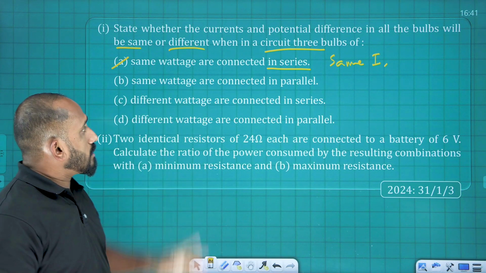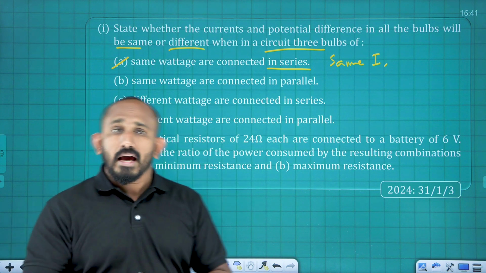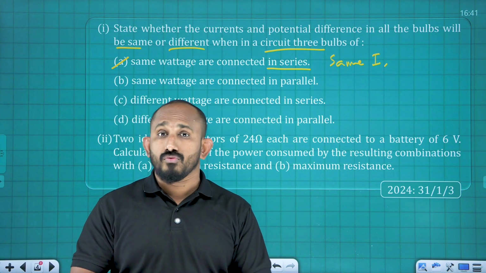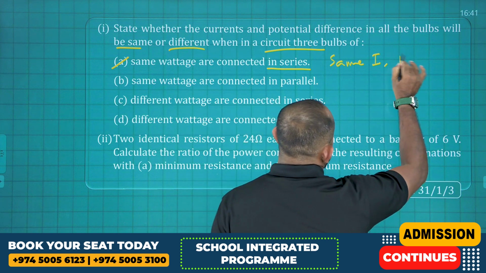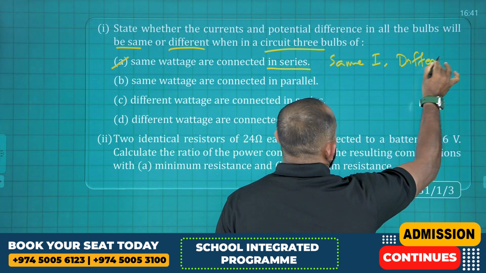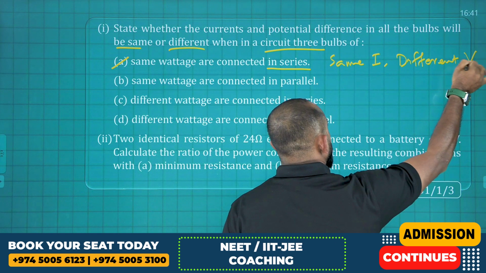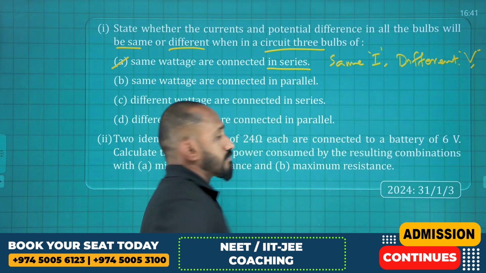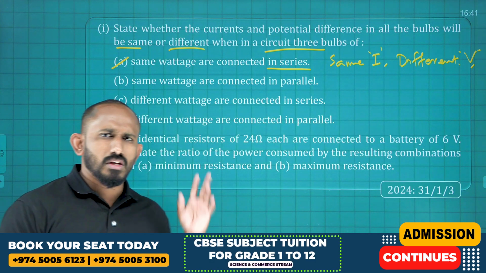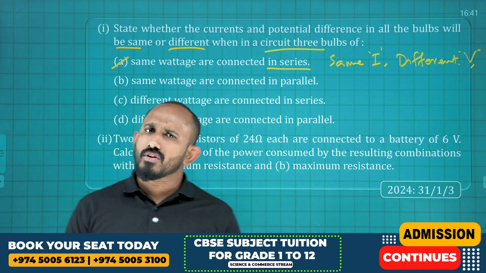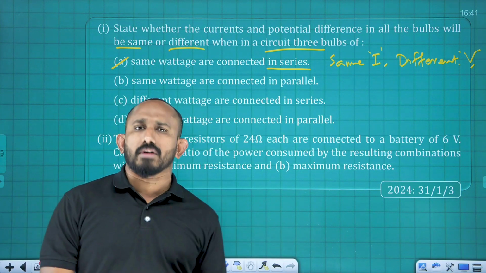Now, since they are connected in series, the potential difference or voltage will be different. So the same current is there and different voltage will be there. Hope you got it. In series combination that happens. They have mentioned the same wattage, so don't get confused that same wattage means same voltage.